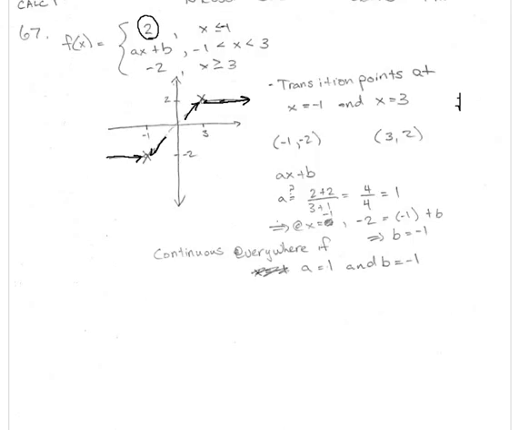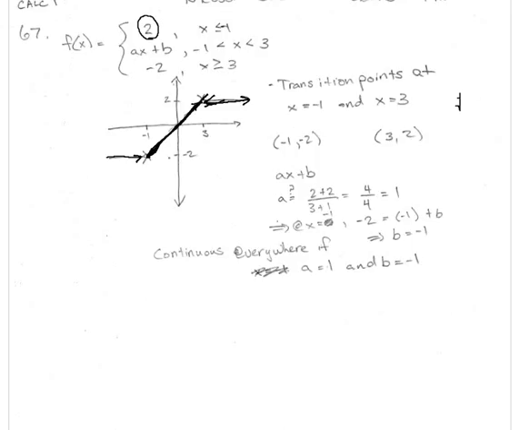So that means that our line has to be drawn between our two limit points, between -1 comma -2 and 3 comma 2, as our two different points. That's where we need to draw our line.